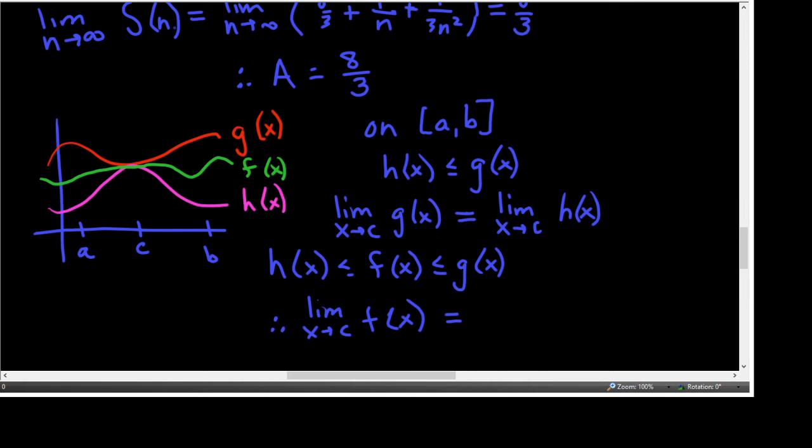So let's go back up here and call this L, so I have a name for it. The limit that they share in common as x approaches c for both g and h, let's call that answer L. We can therefore claim that the limit for f would also be L as x approaches c.